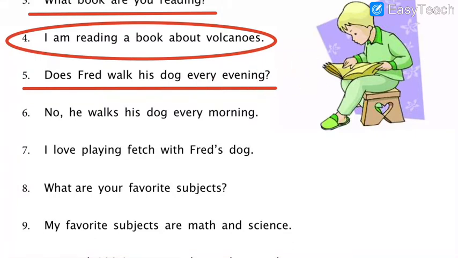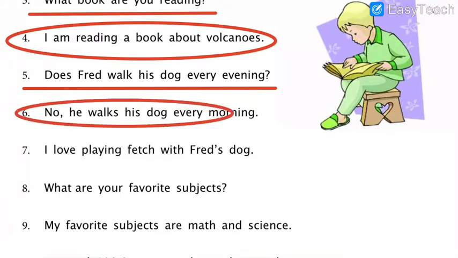Moreover, a question mark is also there. Next one. No, he walks his dog every morning. Okay, what is this, students? Your time starts now. 5, 4, 3, 2, 1, 0. So this is just a statement.